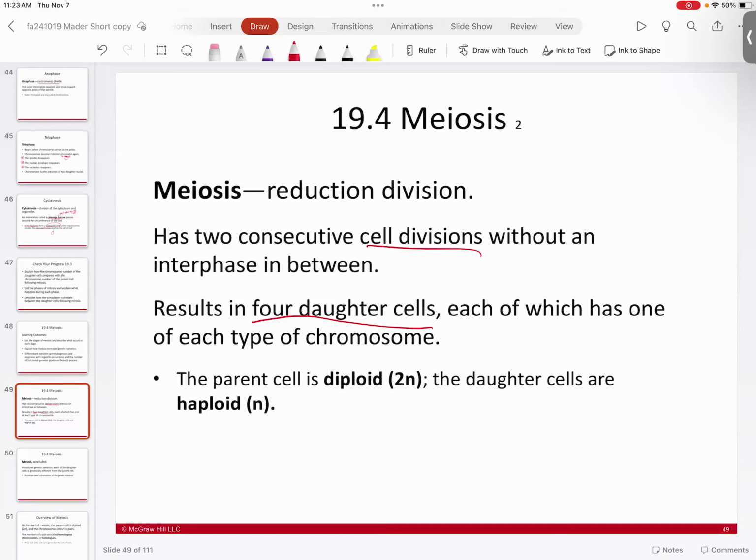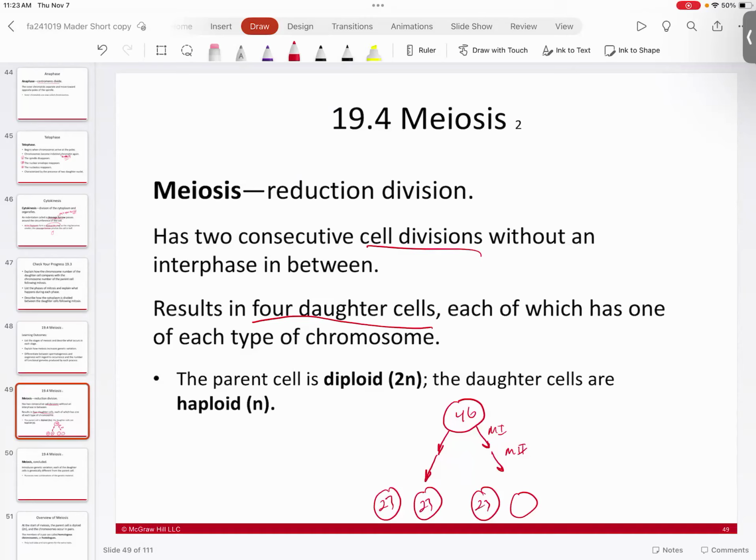So for instance, the parent cell is diploid in meiosis. You go through 2 phases, meiosis 1, and then back to back, a second round, which is meiosis 2, and your ultimate outcome is going to be 4 haploid cells, which now have half the number.